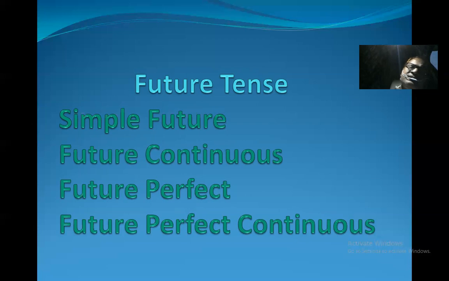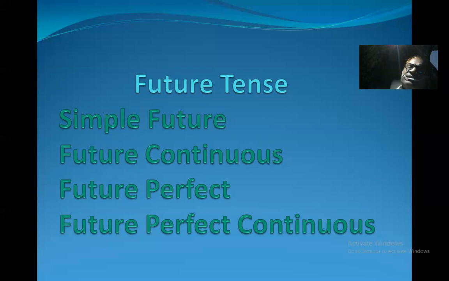Future simple is the tense which we use to denote an action which takes place in the forthcoming future. Future continuous is the tense which we use to denote an action which goes on at the time of speaking in the future.